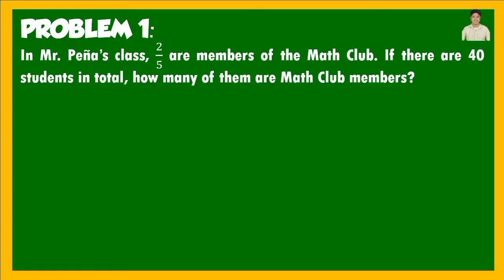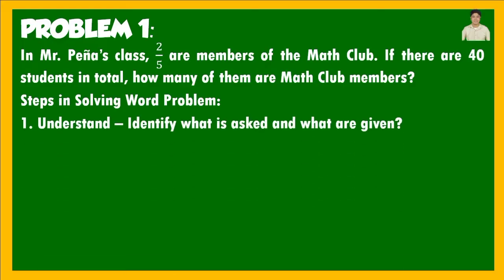Okay, so dito, yung problem natin, nag-i-involve siya ng fraction and whole number. So, tinatanong niya is, how many members of math club are there in Mr. Peña's class? So, let us have the steps in solving word problem.